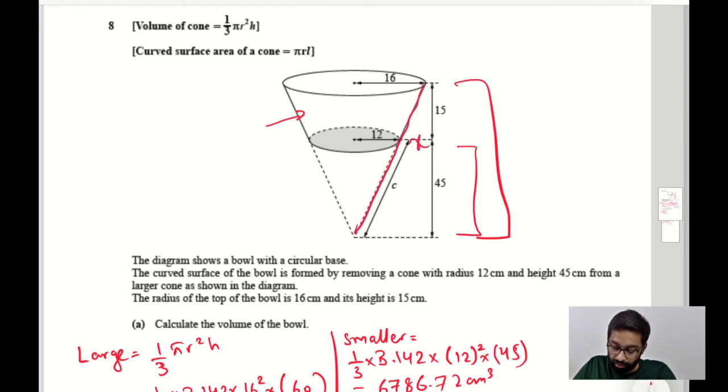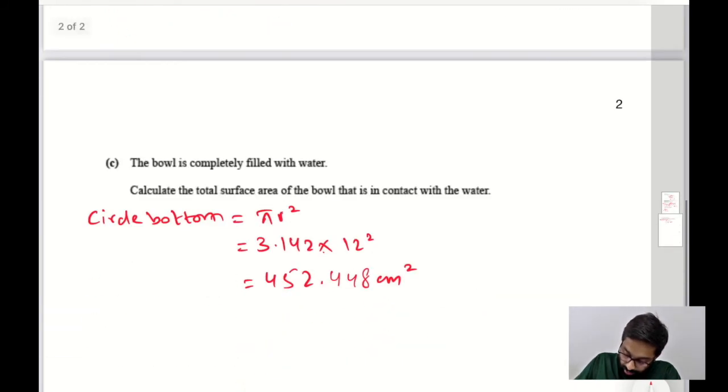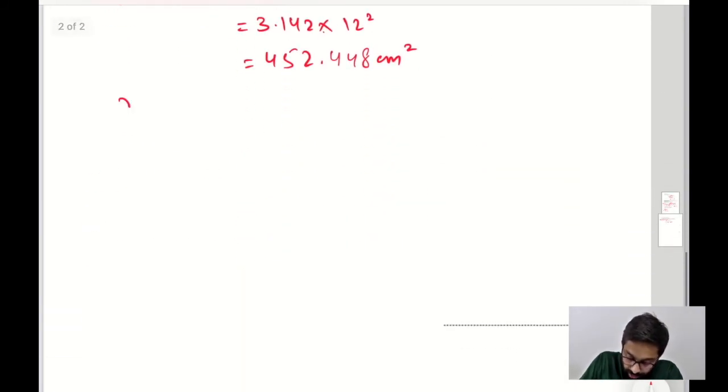How do we find that? The height of the entire cone is 15 plus 45, which is 60, and this is 16, so it makes a 90-degree angle right here. So first let's find x. X can be found by the Pythagoras theorem. X square is equal to 60 square plus 16 square.